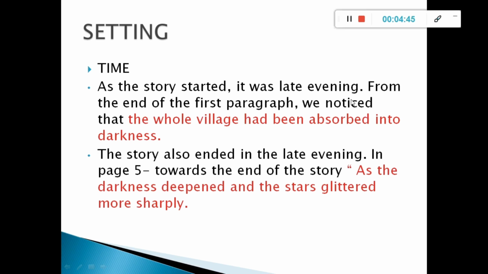That is a question. Now, if you have read the short story, you will come to know that from the end of the first paragraph, you can notice in this line, the whole village has been absorbed into the darkness, which means it was late night, right?